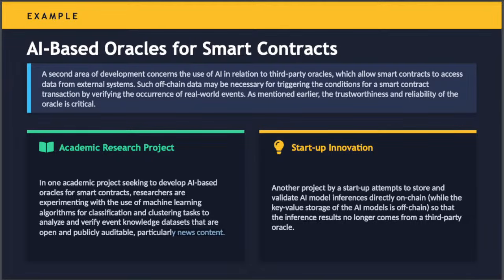So this is something where it's using AI, running the machine learning algorithm for classifying and clustering tasks, analyzing and verifying event knowledge datasets that are open and publicly auditable, particularly news content. So this is very interesting here to try to extract useful news content for an academic research project.